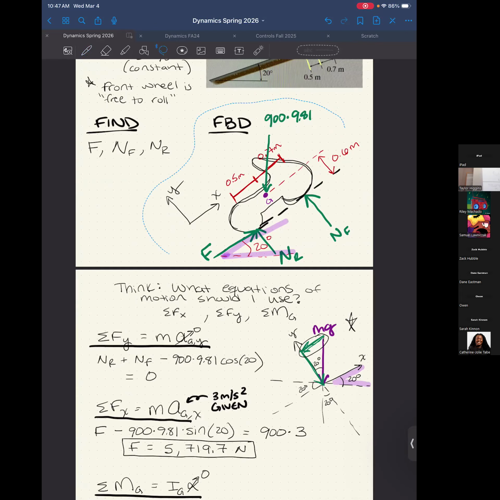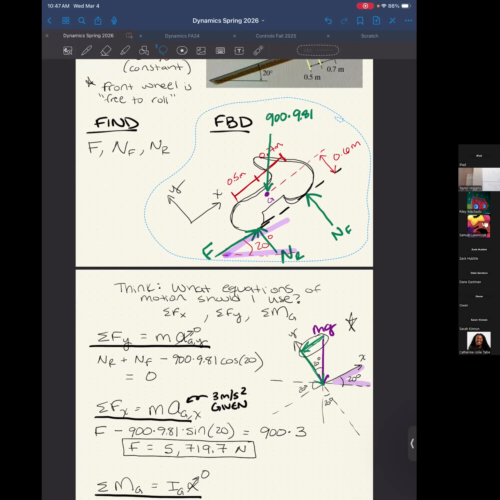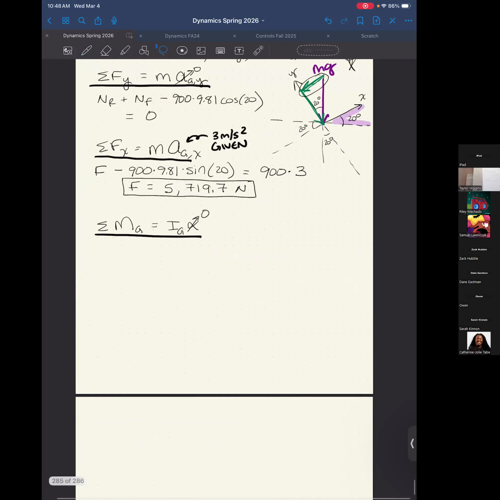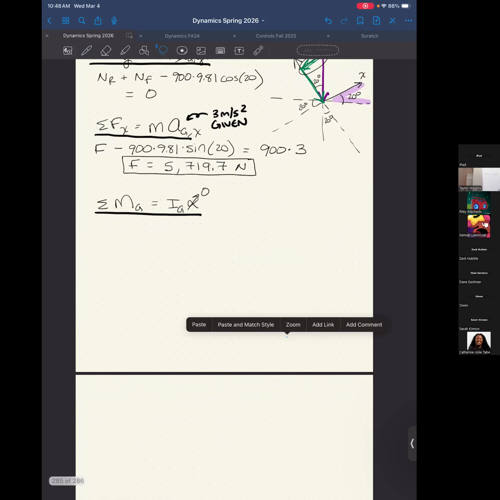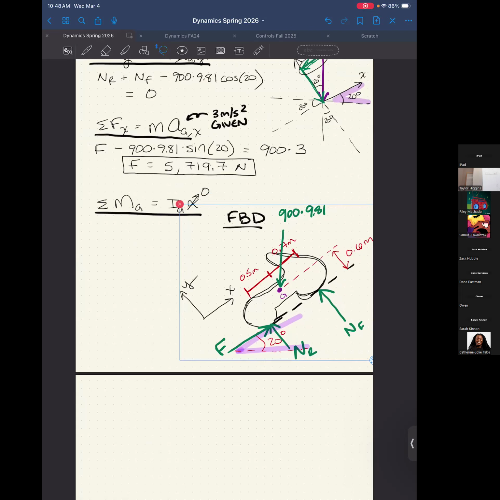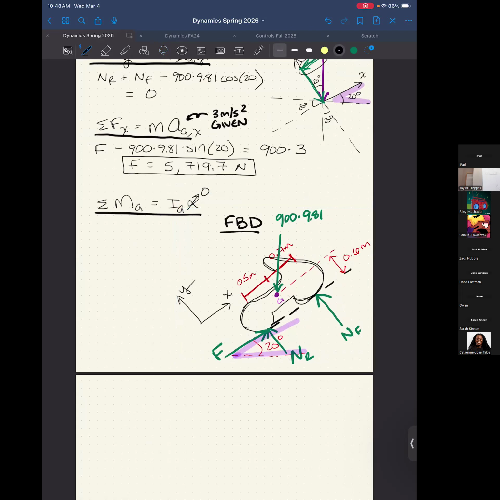Okay, so just to save me from scrolling, I'm gonna copy this. All right, so the way we've drawn X and Y, positive Z is out of the page, which tells us that this direction is a positive moment.